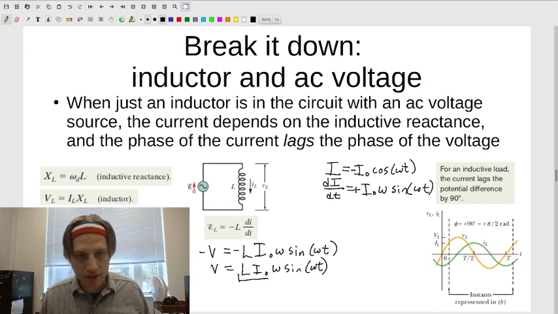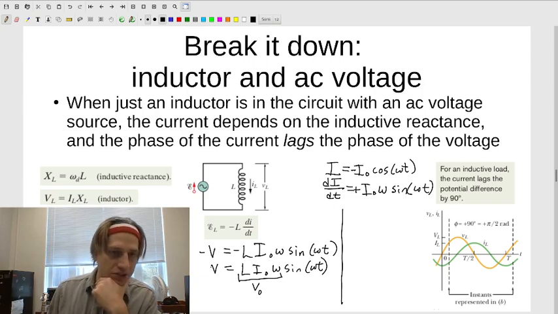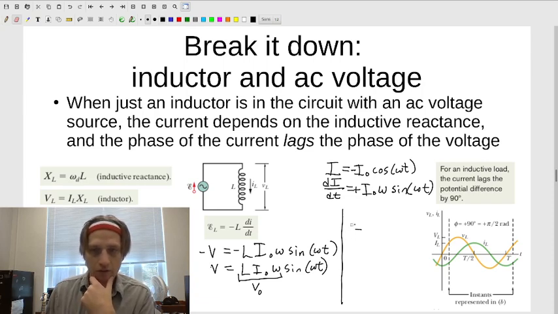So that's what you can see right here. But this thing, it turns out, is the amplitude of my voltage. Sine omega t just goes between -1 and +1. So there's my amplitude of my voltage. I know my amplitude of my current is just going to be I naught. And so if I want to find my inductive reactance, where we're treating this just like the resistance once again, my inductive reactance is the voltage amplitude divided by the current amplitude.